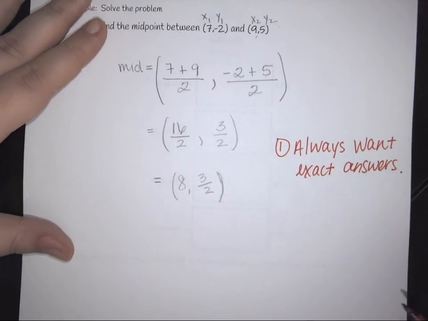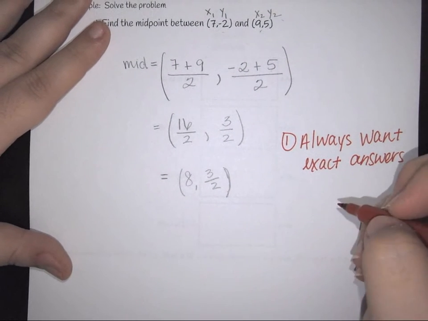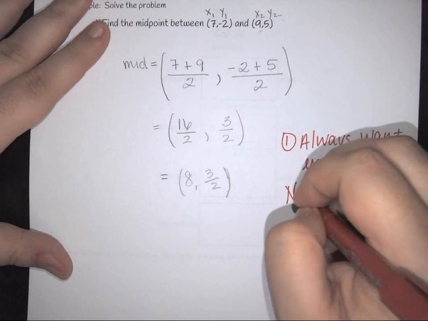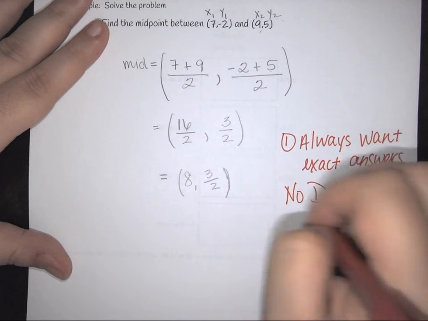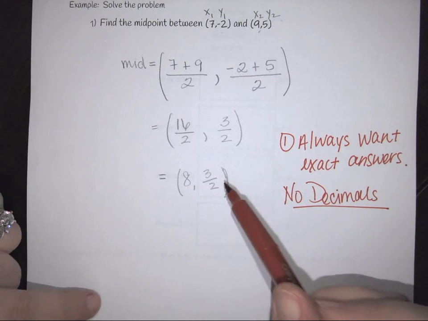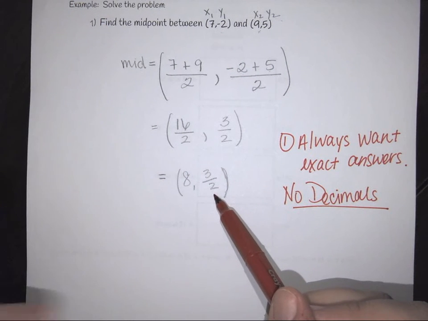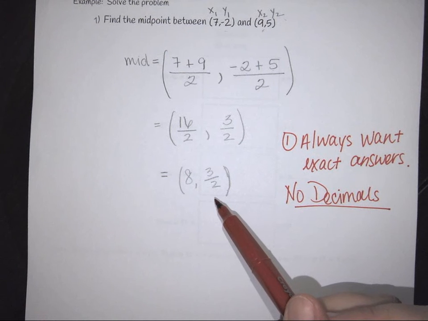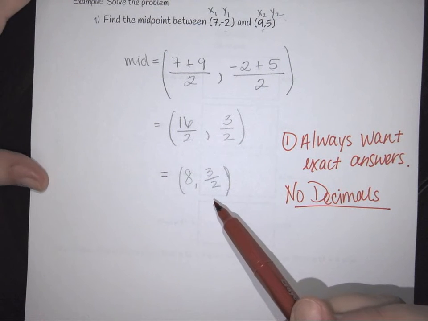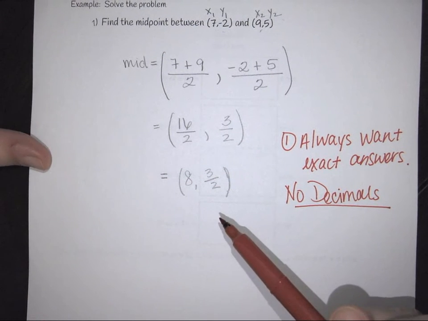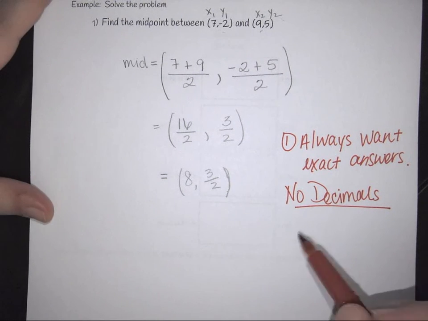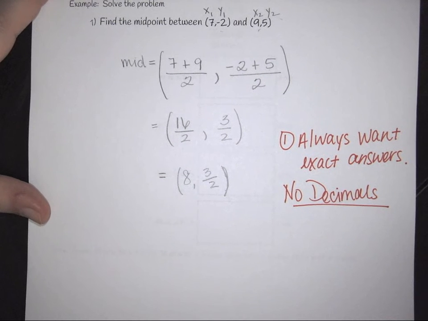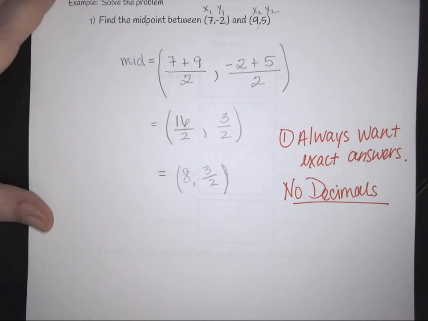What that actually means is that for most cases, no decimals, which is why we would leave this as 3 halves. The only reason that you would give a decimal answer is if your directions told you to approximate. Since we want to know the exact location of that midpoint, that's usually not the case. So here we are talking about no decimals.